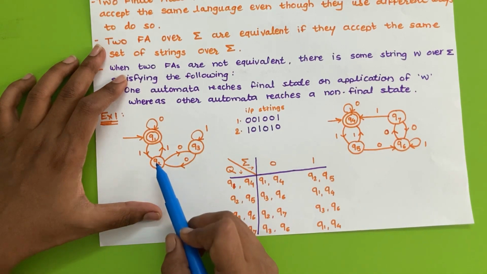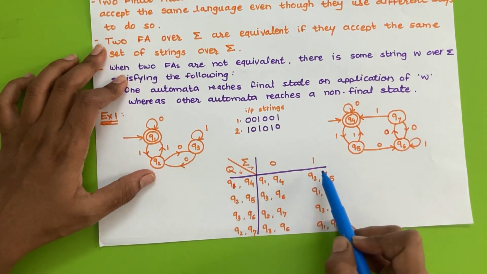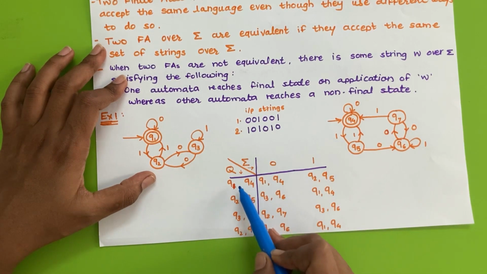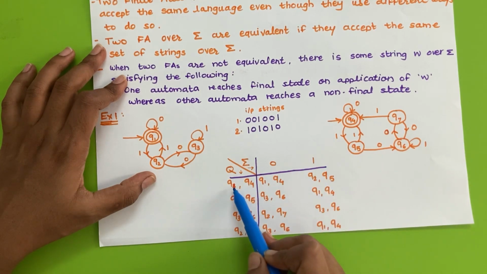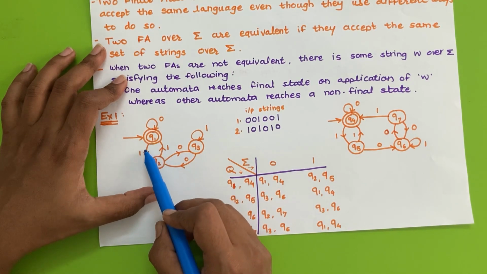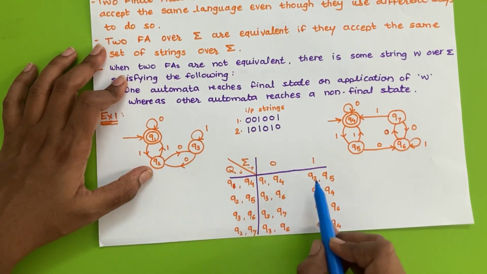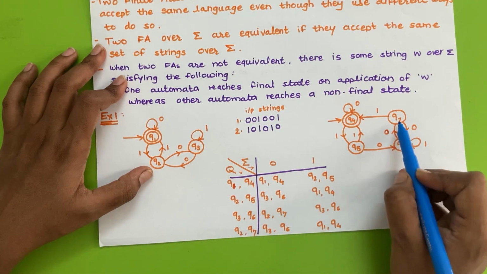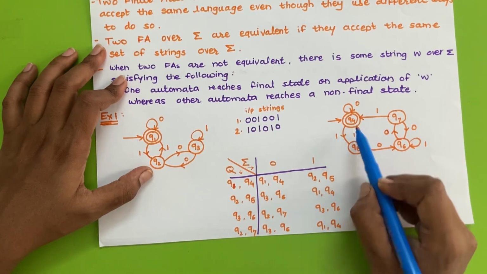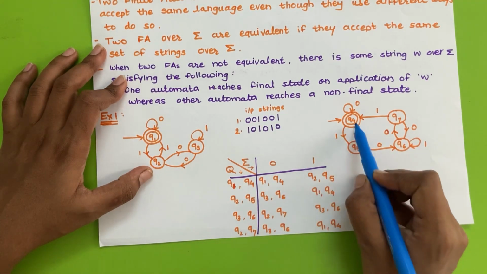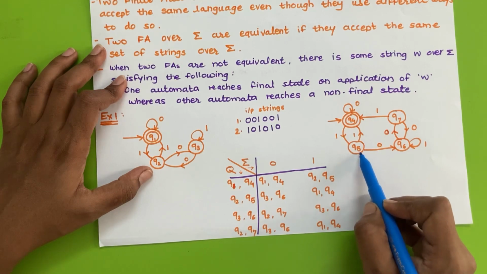Again we'll check it for other transitions too. If we supply 1 input to state Q1, then it will go to state Q2, and same for Q4: if we supply 1 input, then it will go to state Q5.